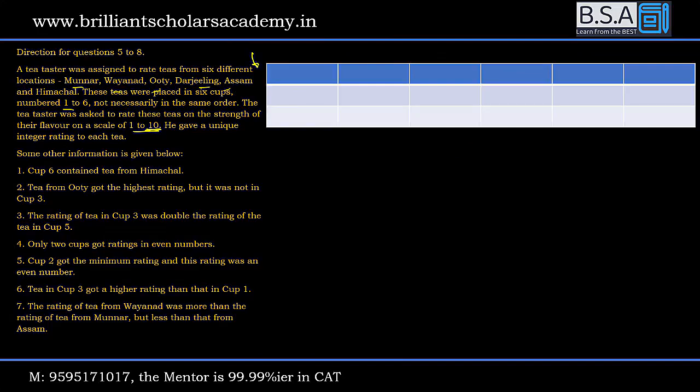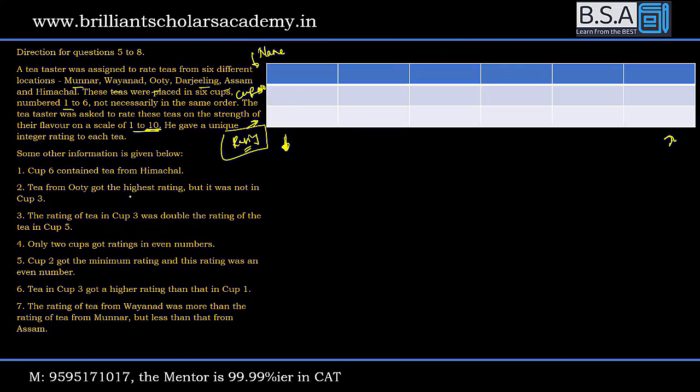In the first column, I'm looking for name. Second column, I'm looking for cup number. And third column, I'm looking for rating. I'm imagining the rating increases on the right side and decreases on left side. So lowest rating is left side, highest rating is right side. So rating is my reference variable y.